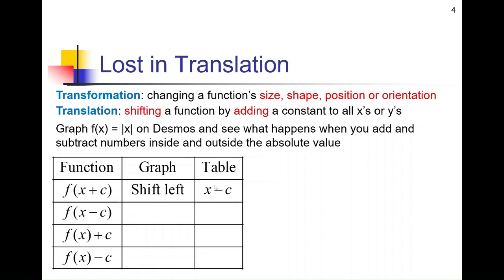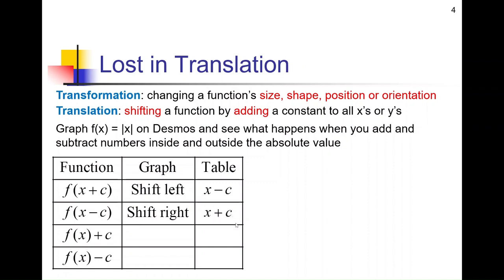So I'd have to do x minus whatever this thing was that it looked like I was adding in here. Which again is kind of weird that it would be exactly the inverse of what you see, but that's actually how it behaves. You saw it in Desmos. By contrast, if we subtract something inside, we're going to be shifting right. And then we would be doing x plus whatever we subtracted in here to get all the new x values of the function.